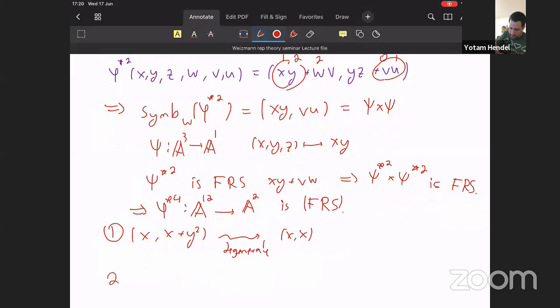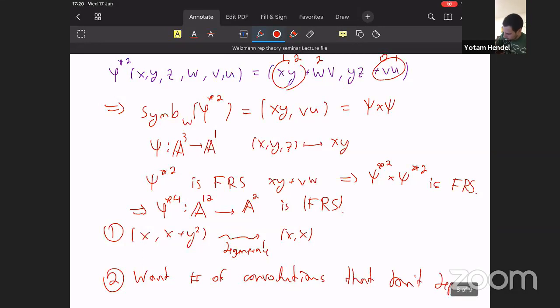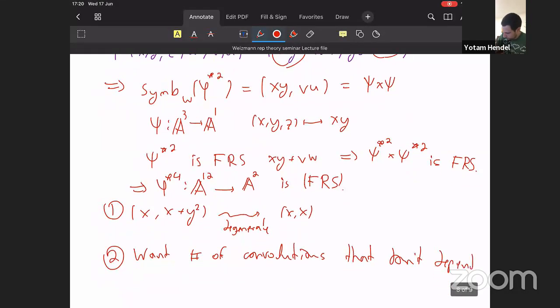And the second thing is that you want to take a number of convolutions that doesn't depend on the dimension of G. So somehow you have to find some process such that no matter how large your Lie algebra is, you can still apply some number of convolutions in order to somehow separate the variables, so you can degenerate.